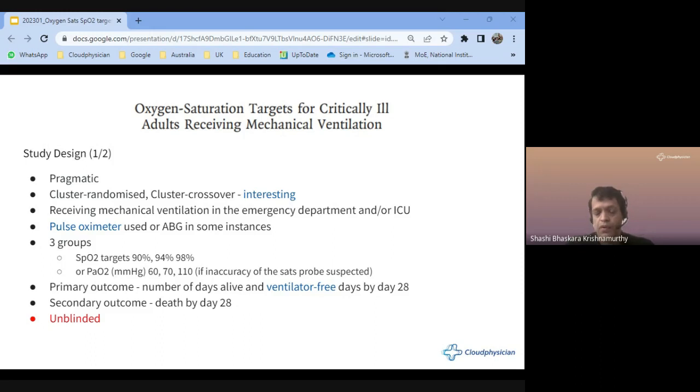If there was a problem with the probe for whatever reason, or some suspicion of accuracy, they used arterial blood gases, with PaO2 of 60, 70, and 110 respectively. The primary outcome was ventilator-free days, that is, days alive and ventilator-free, up to day 28.